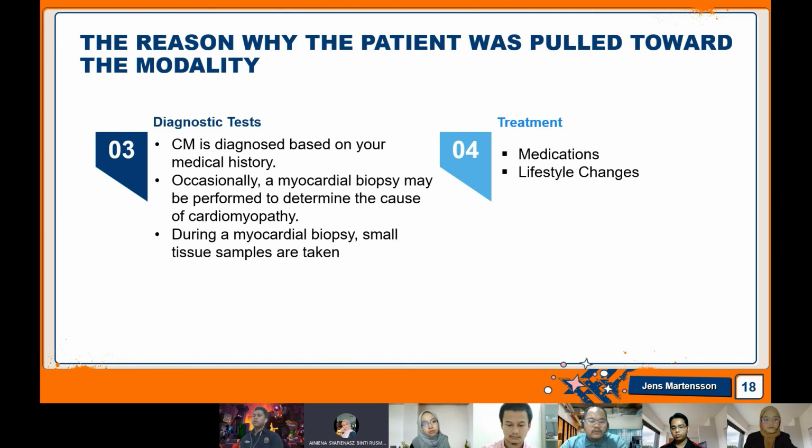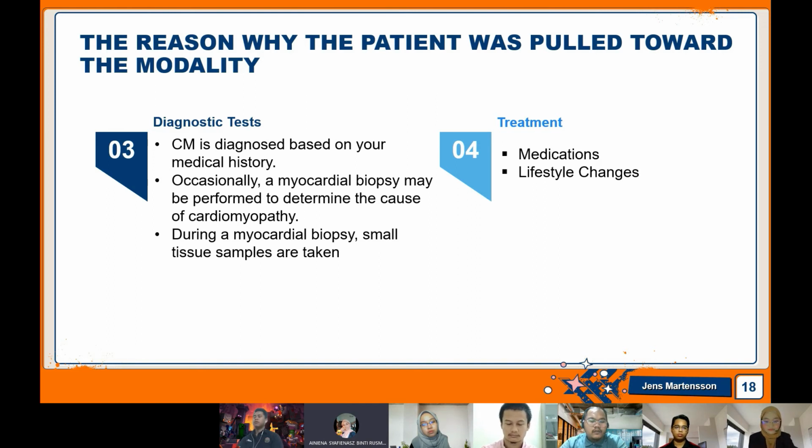Occasionally, a myocardial biopsy may be done to determine the cause of the cardiomyopathy. During a myocardial biopsy, small samples of tissue are taken from the heart and examined under a microscope to determine the cause.